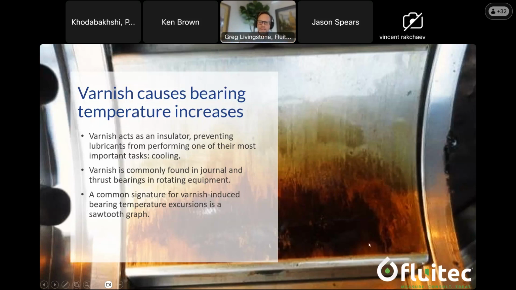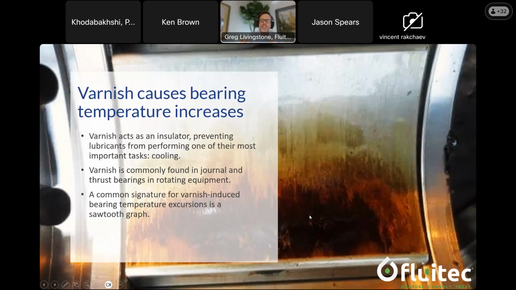But when you get deposits on bearings, now you have some pretty significant issues. The first thing is varnish acts as an insulator. It's essentially a polymer, and polymers have many times less conductive capacity than oil.